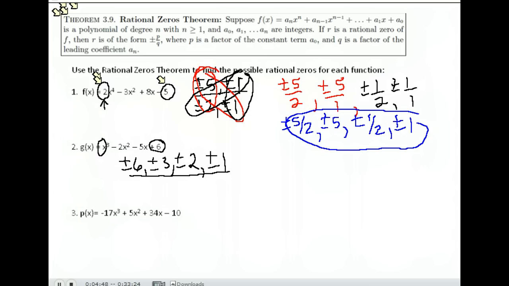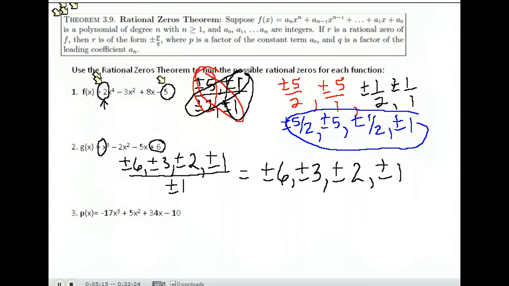Our leading coefficient's factors go on the bottom. The leading coefficient is 1, so we just have plus or minus 1. We would write out each combination, but we're dividing by 1 every time. So our possible zeros are positive or negative 6, 3, 2, and 1. Like I said, at least this breaks it down to just 8 possibilities instead of an infinite number of possibilities for us to check.